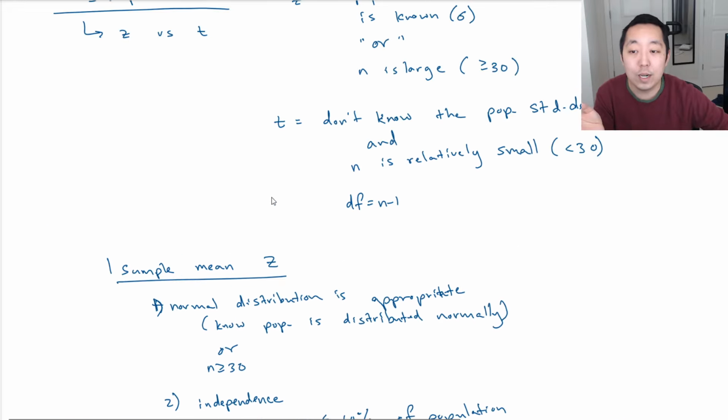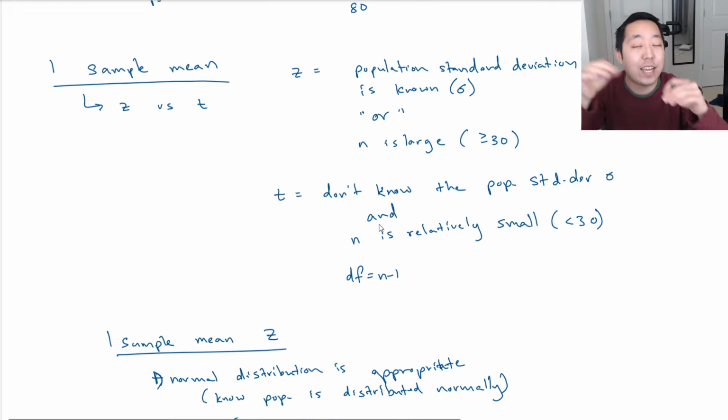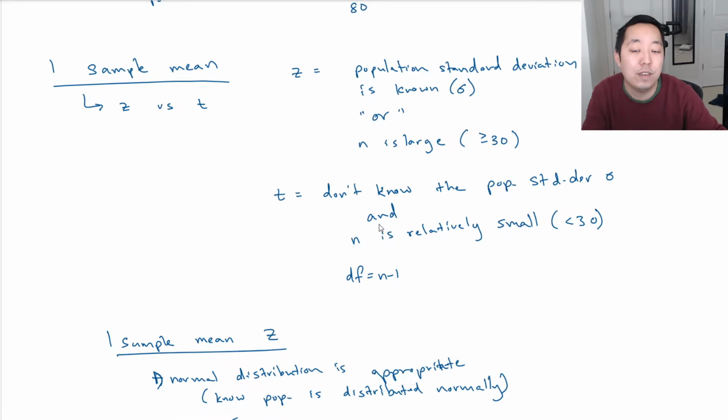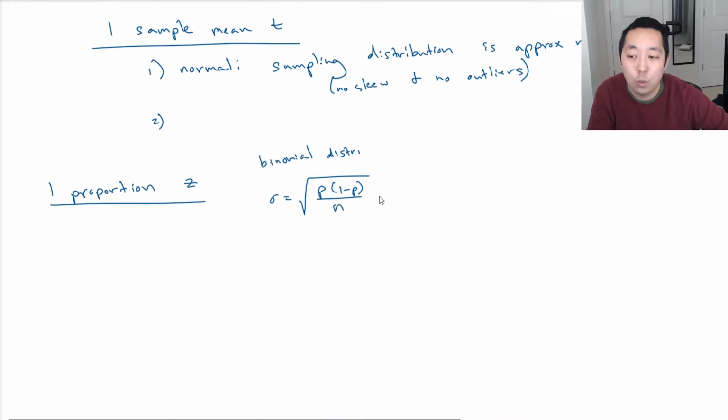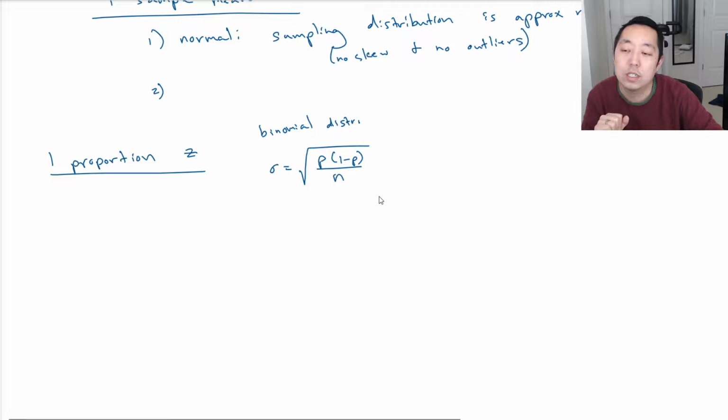And remember what I said about when to use t: if I don't know the population standard deviation. But if I know the sample proportion, which I assume is equal to the population proportion in a sampling distribution, then I already know the population standard deviation by that formula. Thus, I always use z. That's why there's no one proportion t test. It's a one proportion z test only, because you always know the standard deviation.